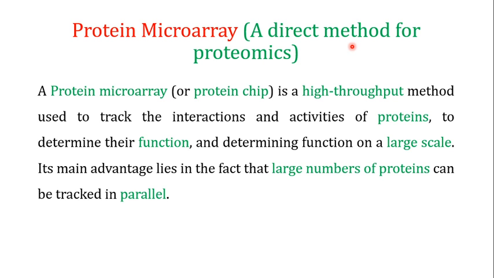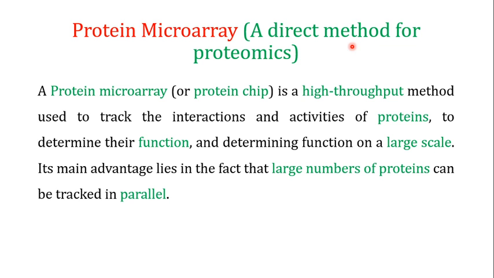In the indirect methods, we study the presence or absence of a particular protein by focusing on the precursors of those proteins. And you all know that the precursors for the proteins are the messenger RNA. So in indirect methods, you are actually focusing on the presence or absence of a particular messenger RNA, and that messenger RNA then shows you the absence or presence of that particular protein.